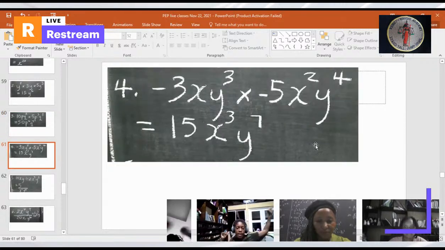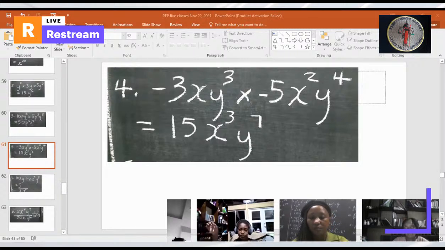All right, Amari, how about number 4? Read it for me and see if you can explain how we came by that answer. Okay, miss. Negative 3xy cubed times negative 5x squared y to the fourth power.